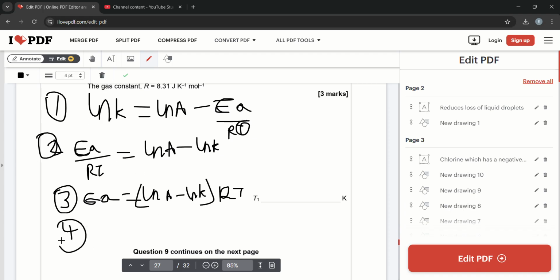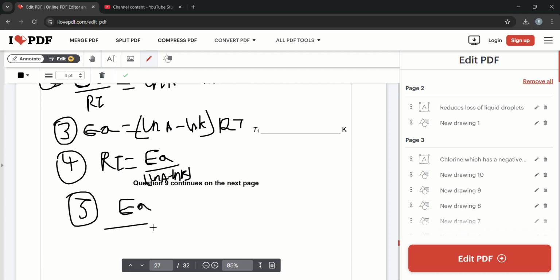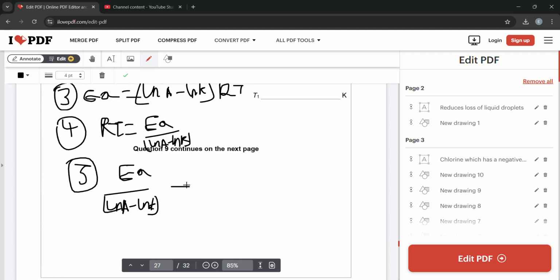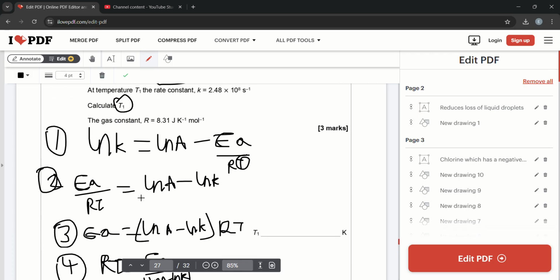Then we can do RT equals Ea divided by (lnA minus lnk). And then to find T, all we're going to do is Ea divided by (lnA minus lnk), and then whatever we get from that, divide it by R, which is 8.31, and that will give us T1. So now let's substitute values in.